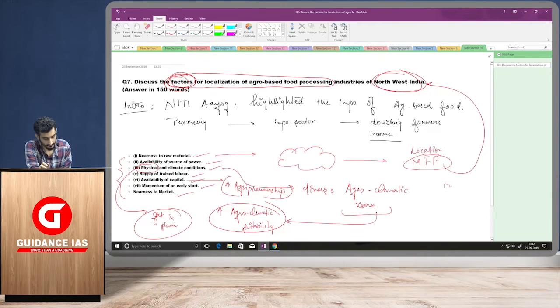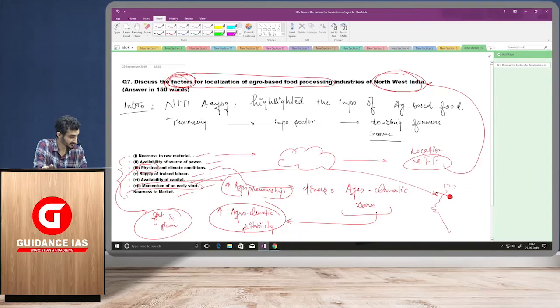So if you talk about the map of India, this area was the core area of the green revolution, and therefore they get this momentum of an early start as well, and therefore they are likely to develop better and larger agro-based processing industries.